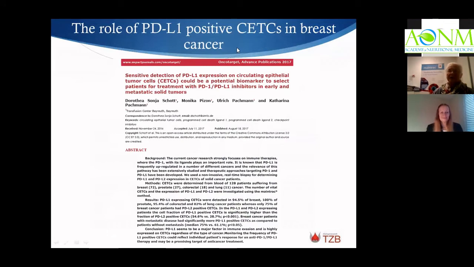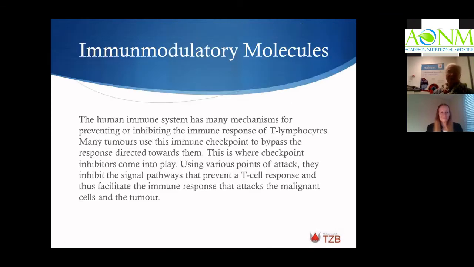One other type is PD-L1, which has been talked about quite a lot. PD-L1 expression can be detected on the circulating tumor cells, and it's known that these PD-L1 receptors can be inhibited by some of the substances.